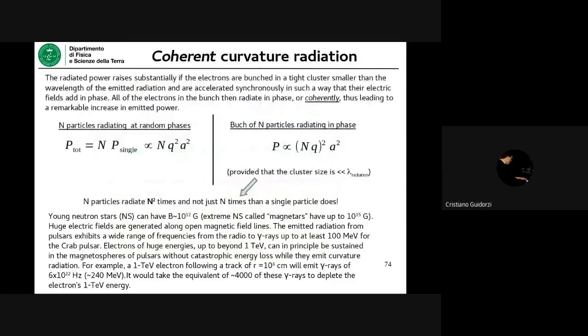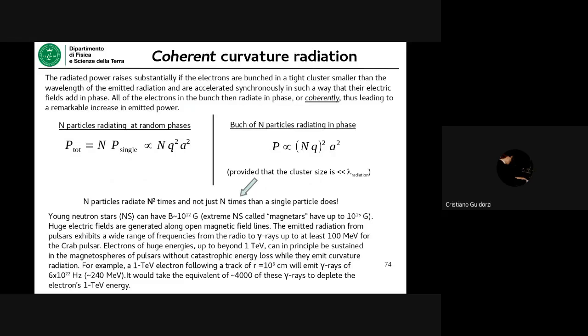As I said, it has to be bright enough. So the possibility of having a coherent emission is just due to what I was telling you. If you have a bunch of particles whose size is negligible with respect to the wavelength, which is a condition that has to be fulfilled in order for the electric fields to be summed up in phase.